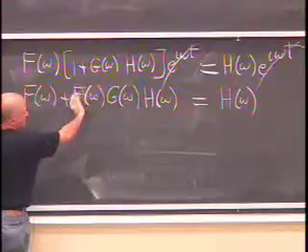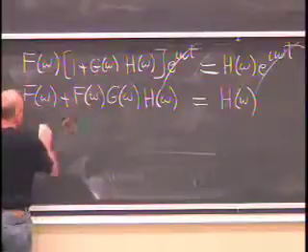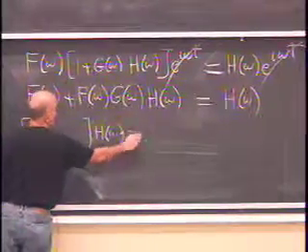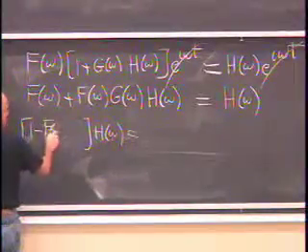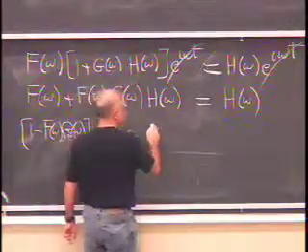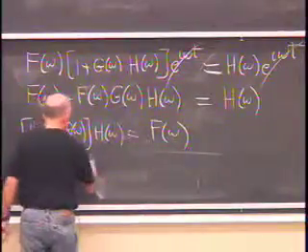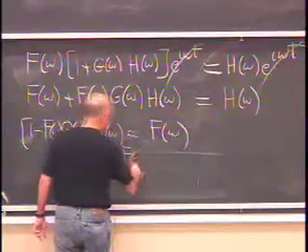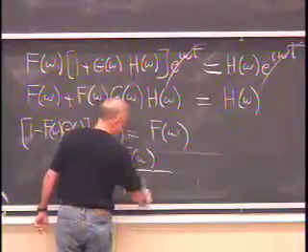So we take to one side all the terms involving H of omega. And when you do that, what do you get? Something times H of omega. What is that something? 1 minus FG. And on the right-hand side, you have F of omega. So H of omega is F over 1 minus FG.